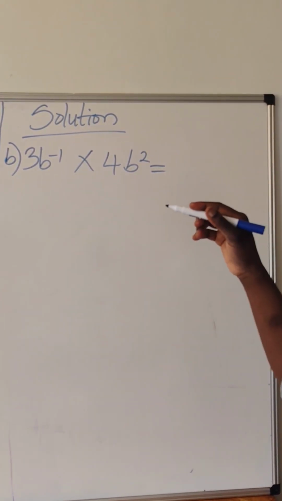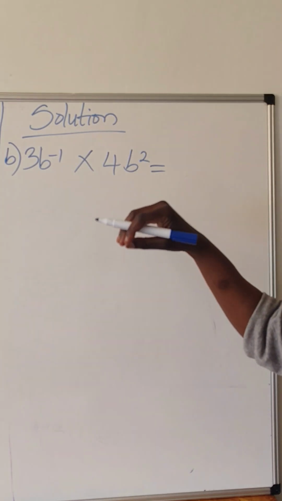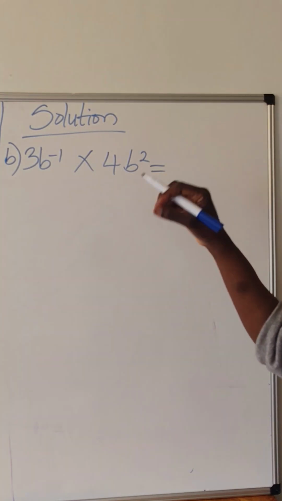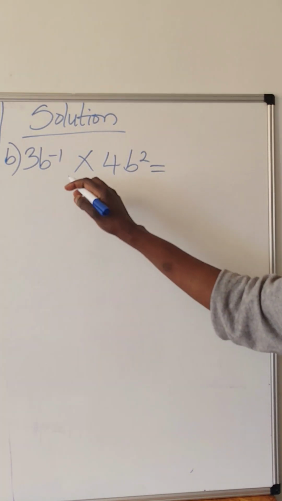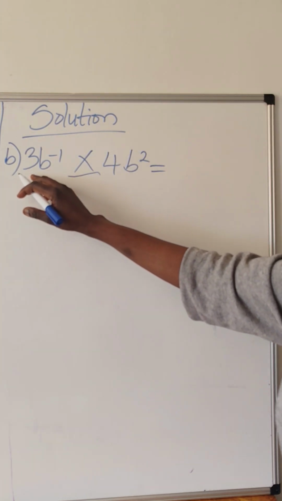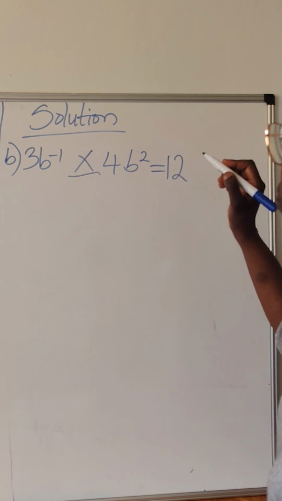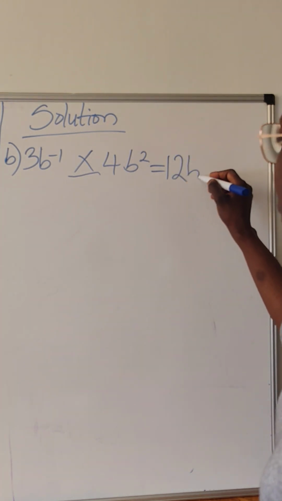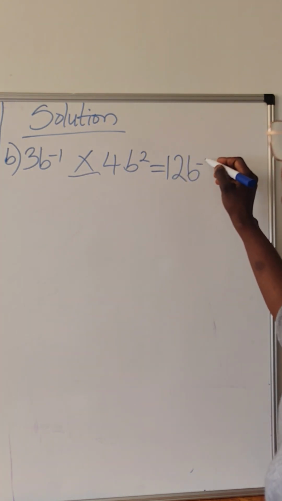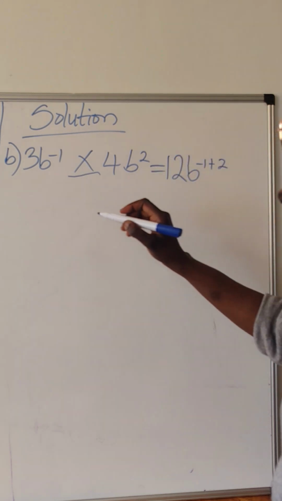Okay, viewers, for the second example, we have 3b raised to power minus 1 multiplied by 4b squared. So the first thing to do, since we have multiplication here, we're going to multiply 3 by 4, which gives 12, and b raised to power minus 1 plus 2.